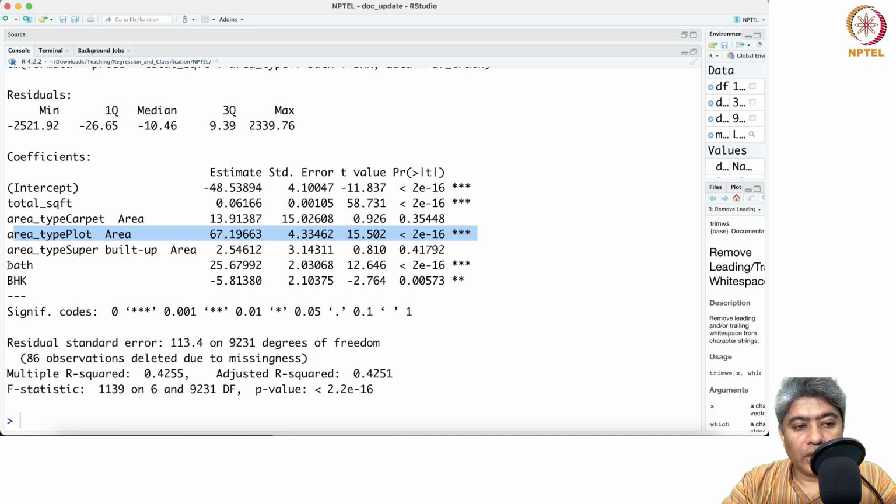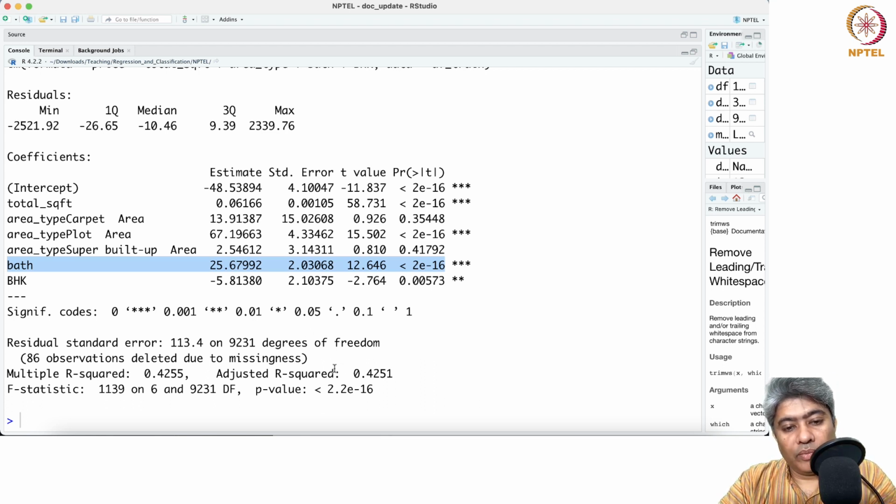If the number of bathrooms increases, then the price goes up. But if the number of BHK increases, it looks like it's negative. This is a bit of a worry. I don't know why it is negative. And adjusted R square we got 0.4251 with no location.